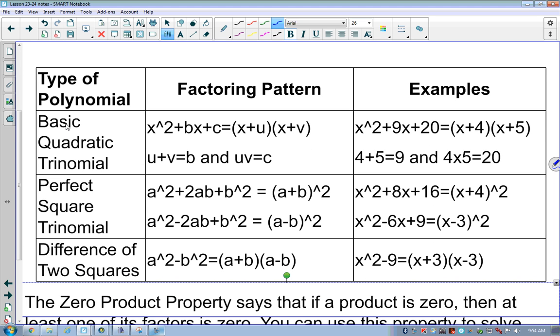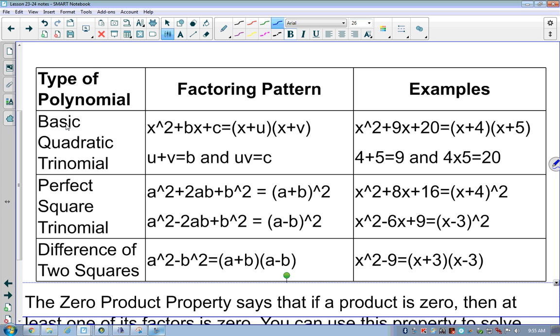And so we see some patterns that exist here. So if I have a basic quadratic trinomial where I've got x squared plus bx plus c, I can break that down into x plus u, x plus v. Don't get confused by the u and the v and where did those come from.